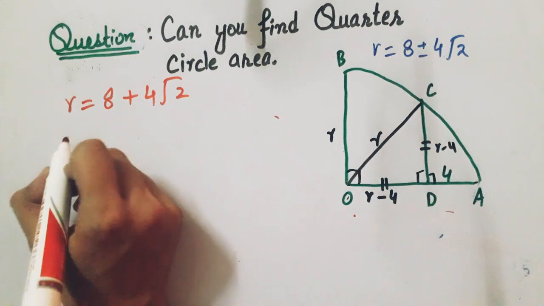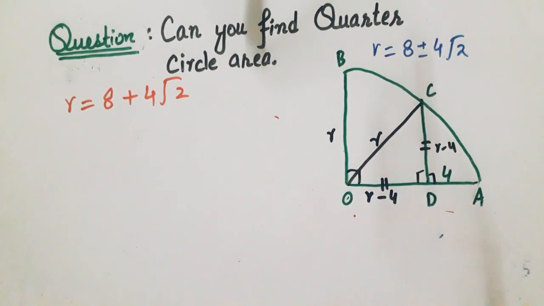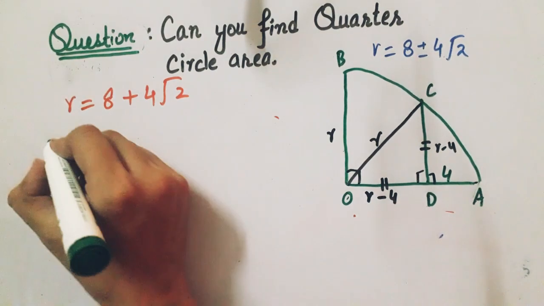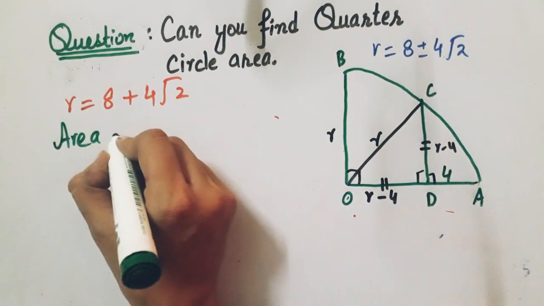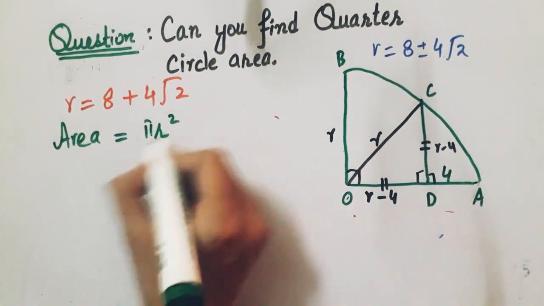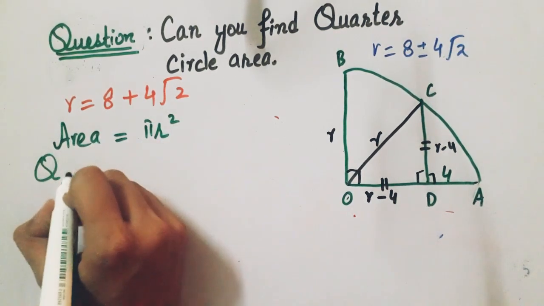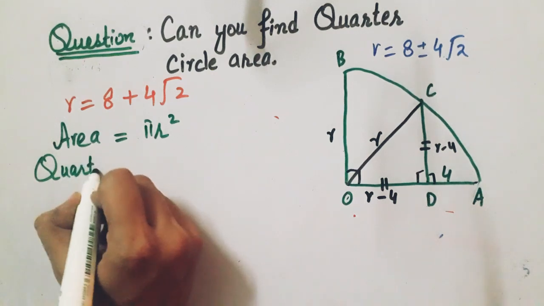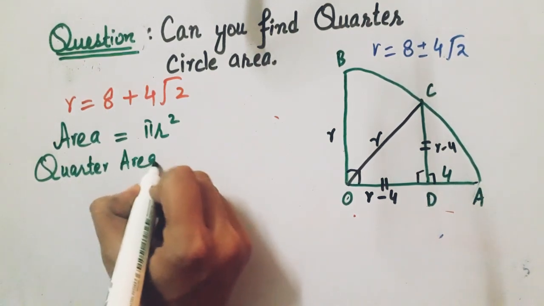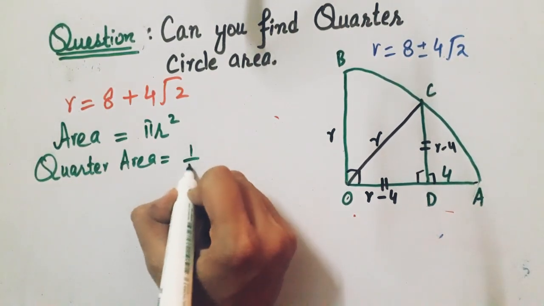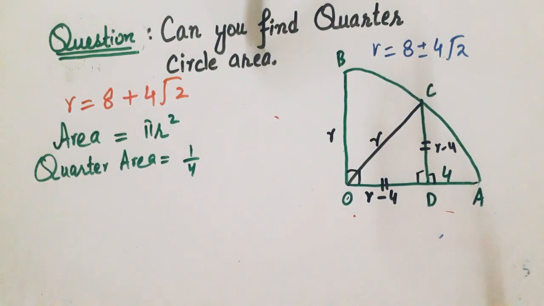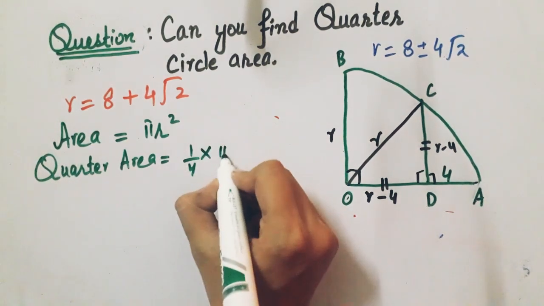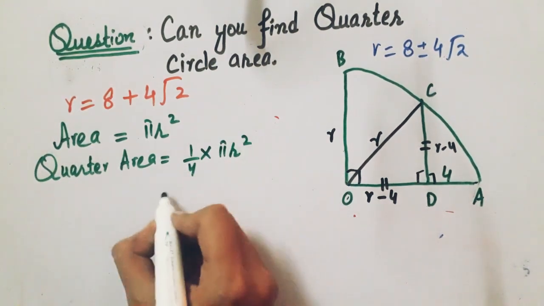Now we know that the area of a circle is pi R square. For a quarter circle, the area equals 1 by 4 into pi R square.